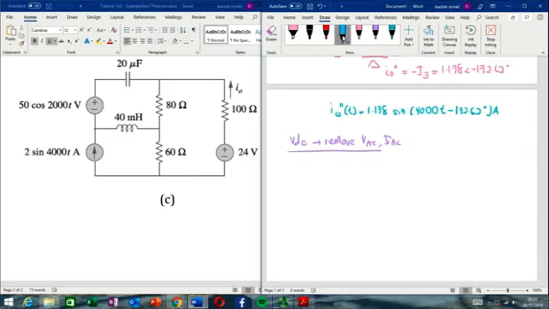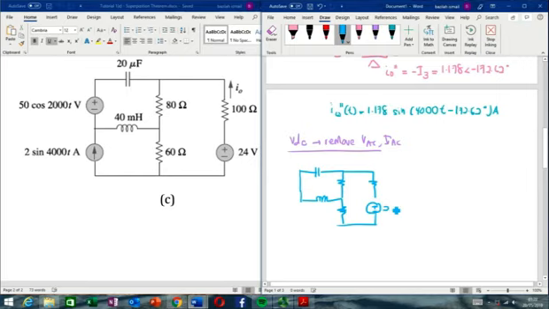So for the circuit, we have capacitor and resistor and inductor. And for current, this one will be open circuit. Hold on. Okay, so this is 24 volt, 100, and to calculate I naught here. So this is 80 and 60.